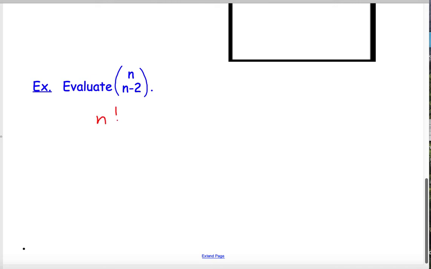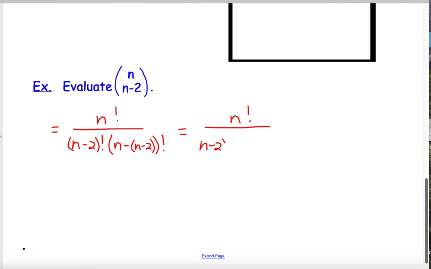This is n factorial over n minus 2 factorial times what? The difference between them. So n minus 2 factorial. So that's going to be n factorial over n minus 2 factorial times n minus the quantity n minus 2, which is just 2 factorial.